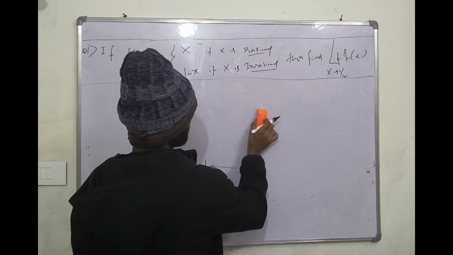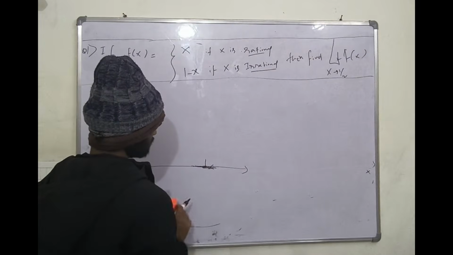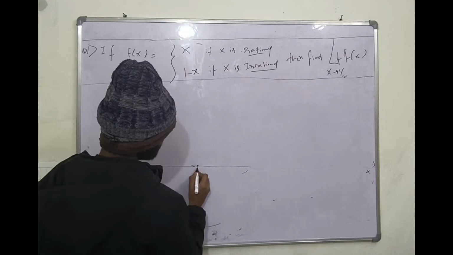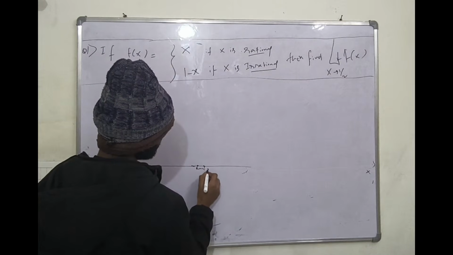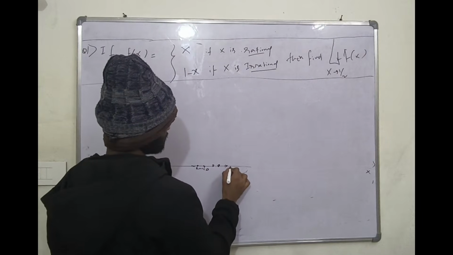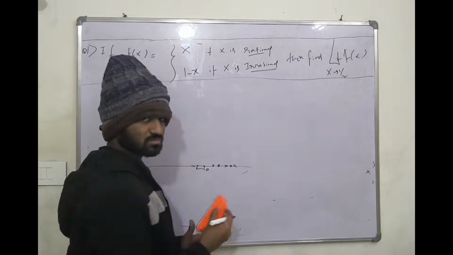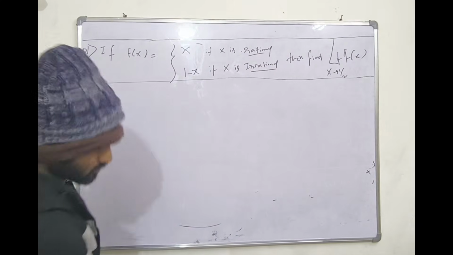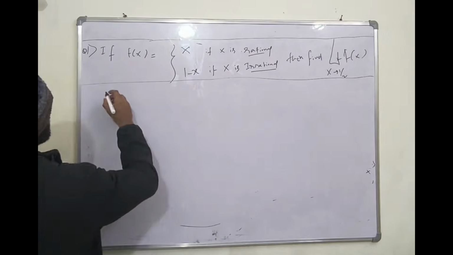In JEE you don't need complex numbers. Here there is a rational number, then there can be an irrational number, rational, irrational, irrational, rational, infinitely. So this is our case 1.